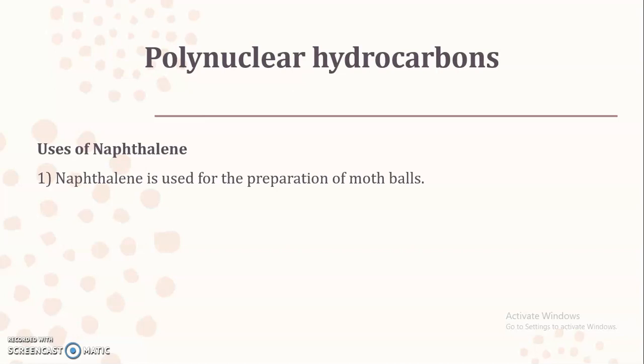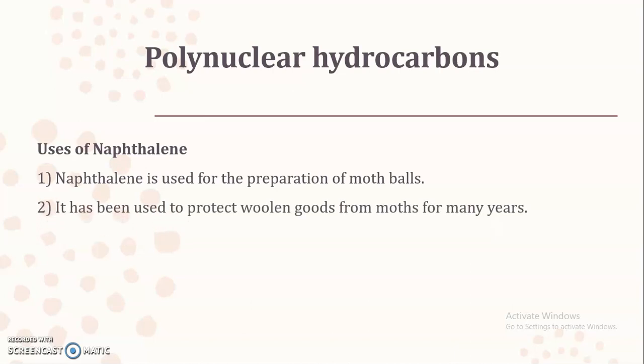They are used in houses continuously to repel different insects. Then the second use of naphthalene is that it has been used to protect woolen goods from moths for many years. This is the household use of naphthalene, to protect woolen goods from moths for many years.